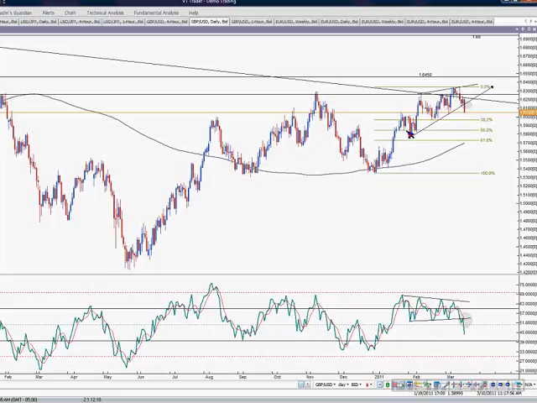But when this type of pattern breaks, this rising wedge, we could usually target the base of this wedge, which in this case is around the 1.5750 area, which you see is right between your 50% and 61% retracement level, and the 200 moving average is right now around 1.57.